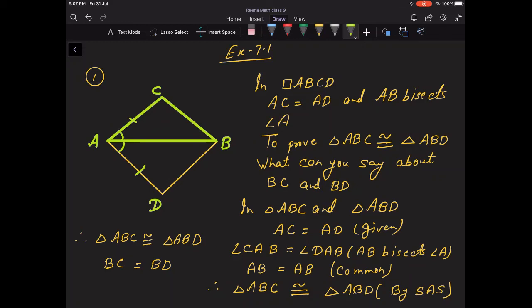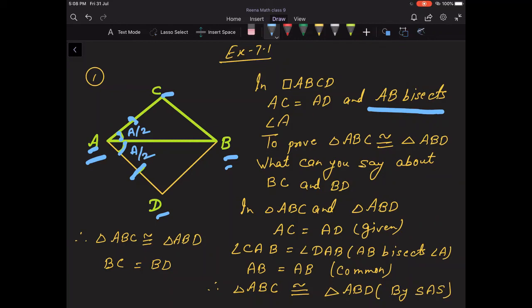You can see the two triangles are ACB and ADB, in which AC is equal to AD, and AB bisects angle A. This means these two angles are equal, both are A by 2.